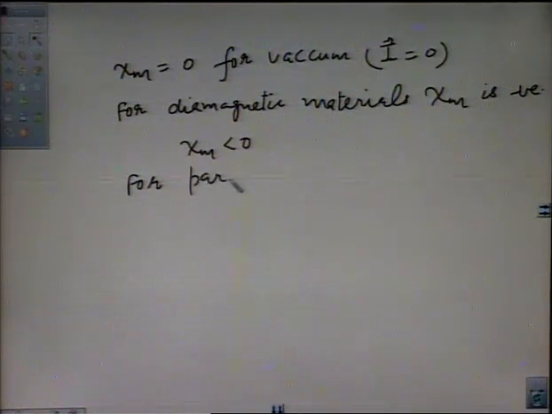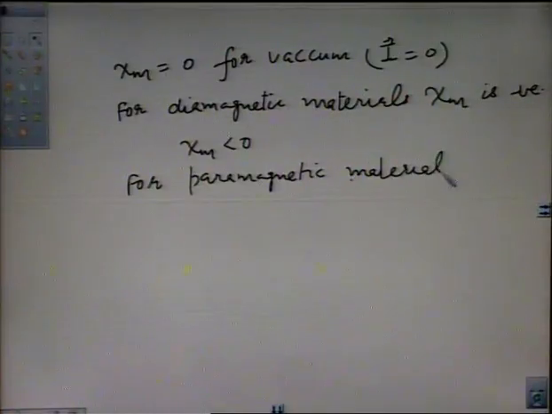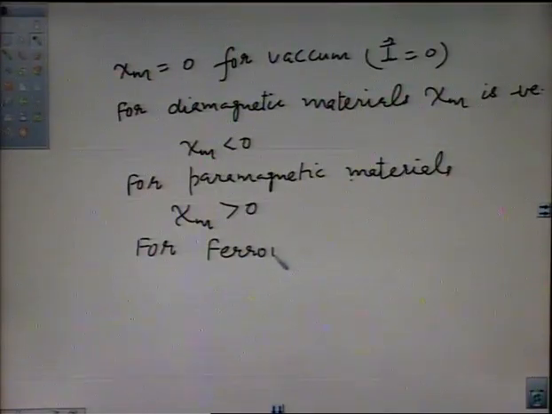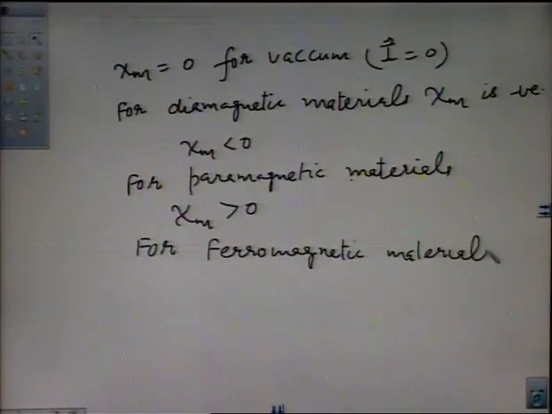For paramagnetic materials, the value of magnetic susceptibility is positive, which is greater than 0. And for ferromagnetic materials, the value of chi m is a little larger and positive, which is greater than 0.